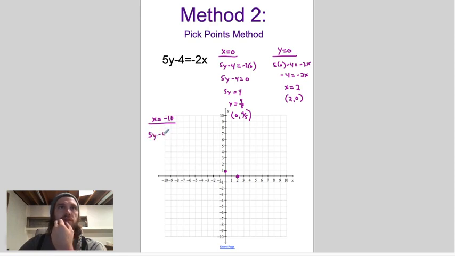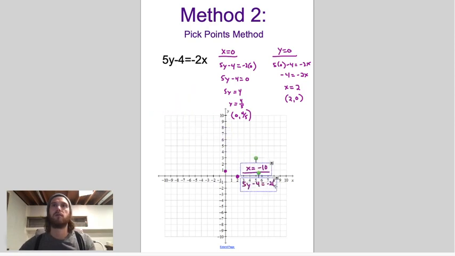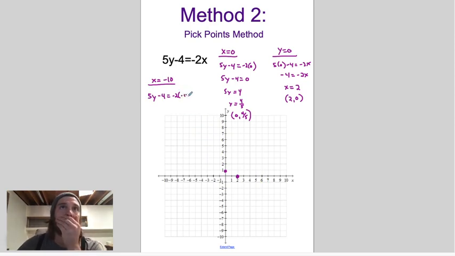5y minus 4 equals -2 times -10. I'm going to be working right into my own math here, so I'm going to move this up a ways. So that turns out to be 5y minus 4 is equal to 20, and 5y equals 24 if you add 4 to both sides.